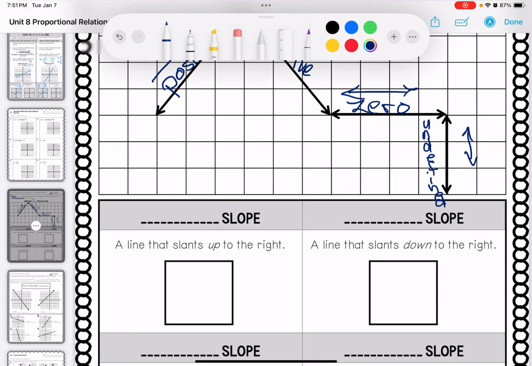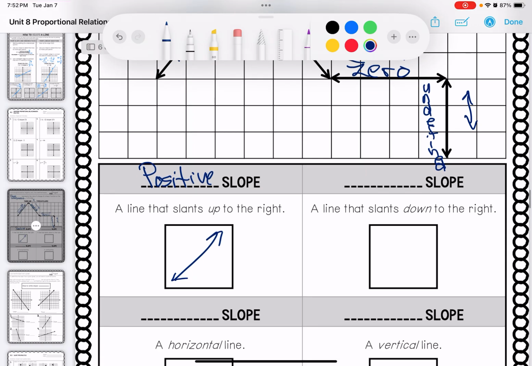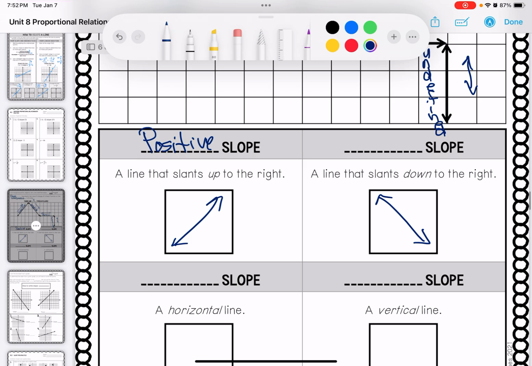So a positive slope is a line that slants up to the right. So you're going this way. A negative slope, going down. And how you know the difference is that you start at a point.